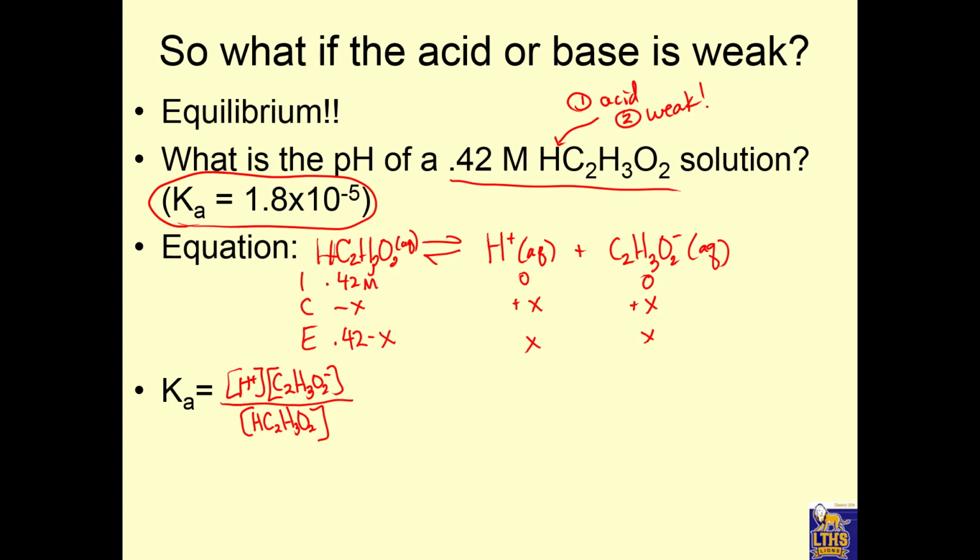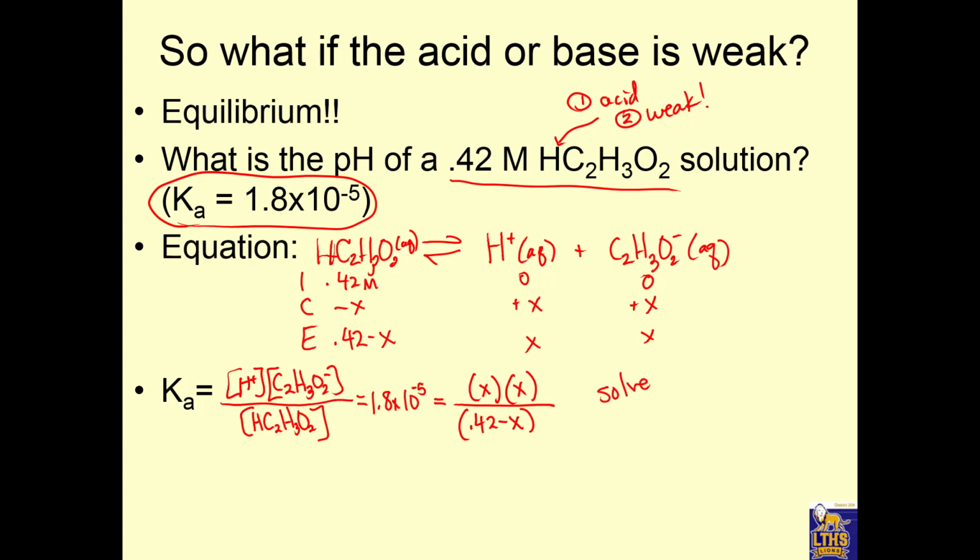X is going to be small because the ratio of products over reactants equals 1.8 times 10 to the negative fifth, so that means it's mostly the bottom number at equilibrium. So you can plug in x for hydrogen ion, x for acetate ion, and 0.42 minus x for the concentration of the acetic acid.